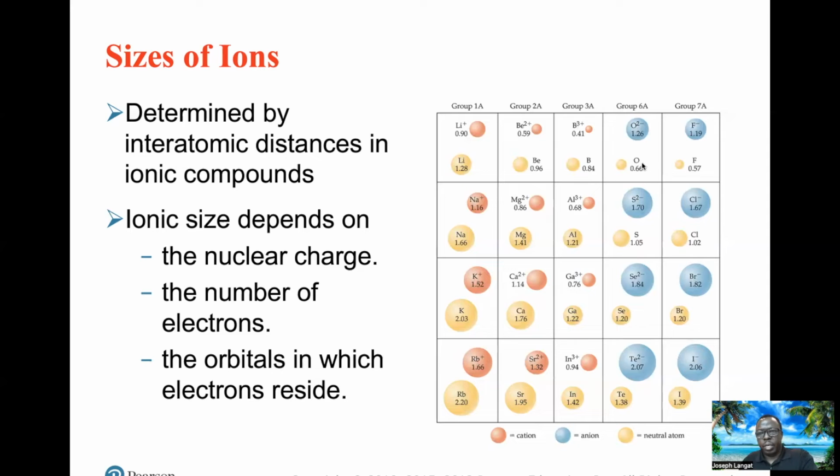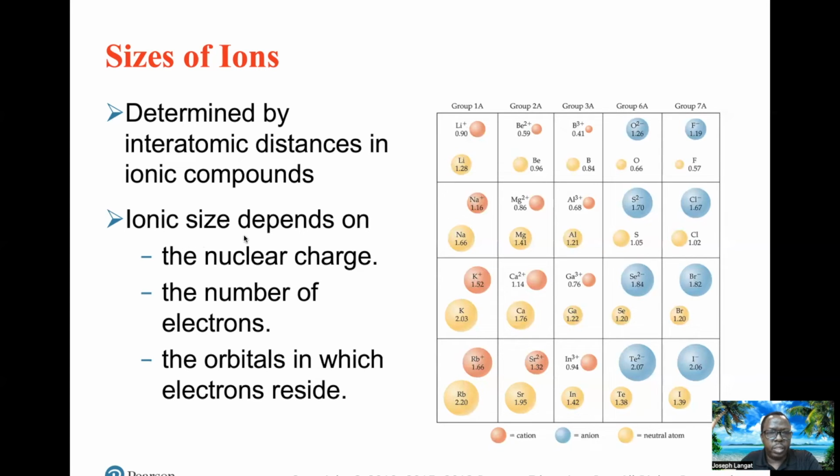For anions, they are always larger than the parent atom. This is chlorine, sulfide, oxide, fluoride, chloride, selenide, bromide, telluride, iodide. These are the trend in anions. Anions are generally larger in radius compared to their parent atoms.